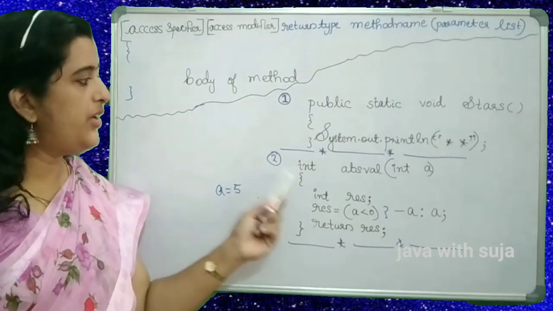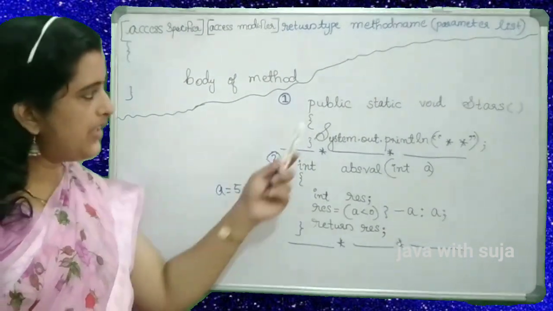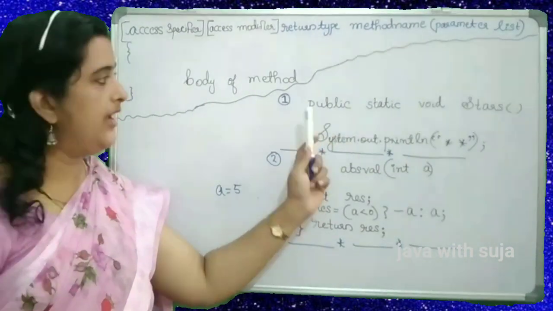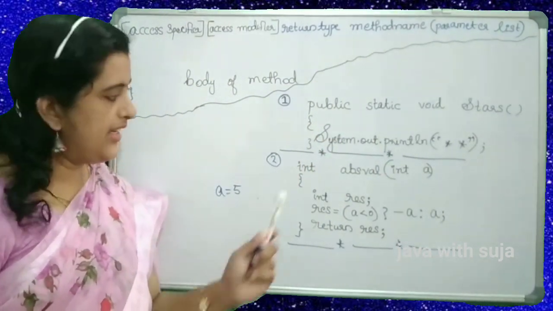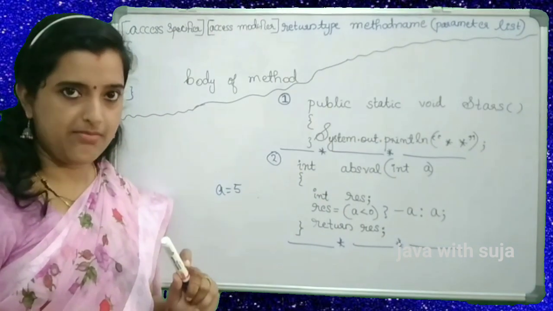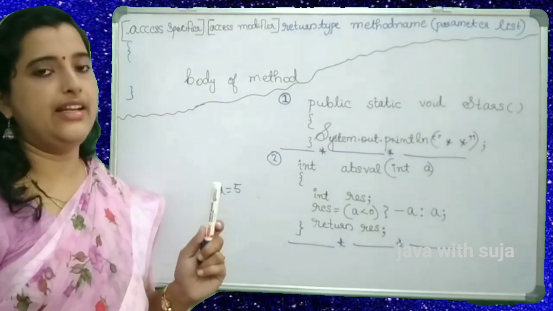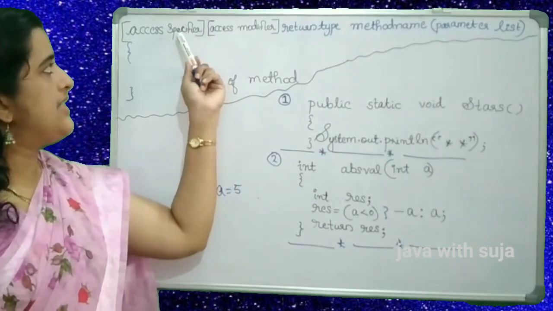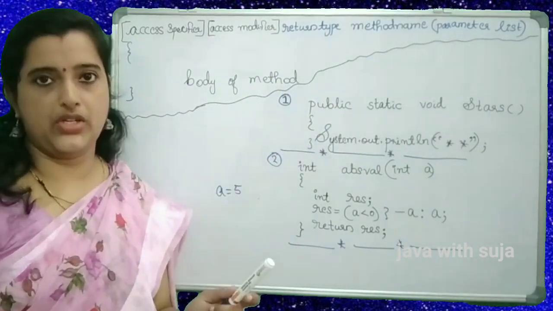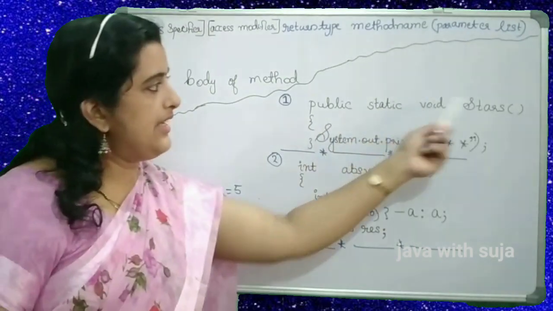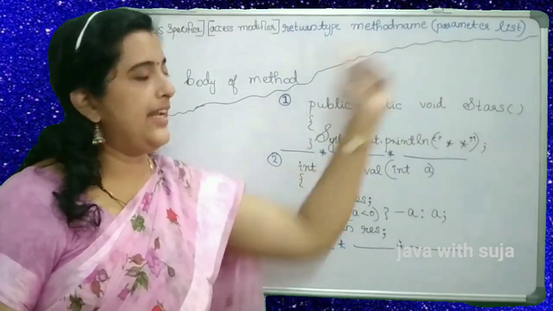Here I have given 2 examples. You might have noticed that in the first example, I have included public and static keywords, whereas in the second example, they are missing. I told you earlier that access specifier and access modifier are both optional, but the rest of the parts are mandatory.